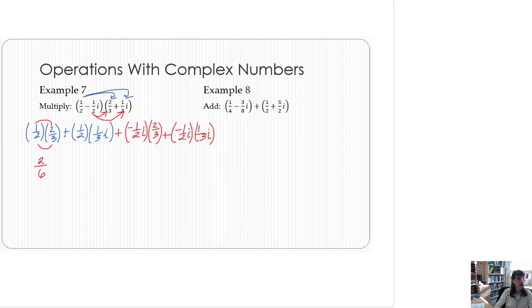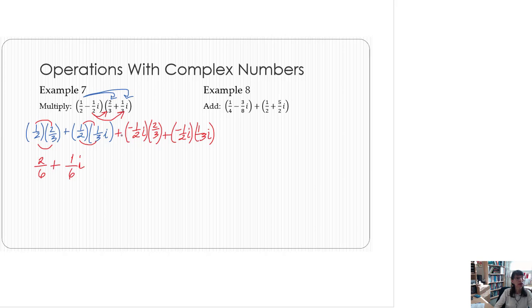Next, I have addition of a positive times a positive. So that really will remain addition. Numerators, 1 times 1 makes 1. Denominators, 2 times 3 makes 6. And don't forget, there is a complex number involved. So that's really 1/6 i.